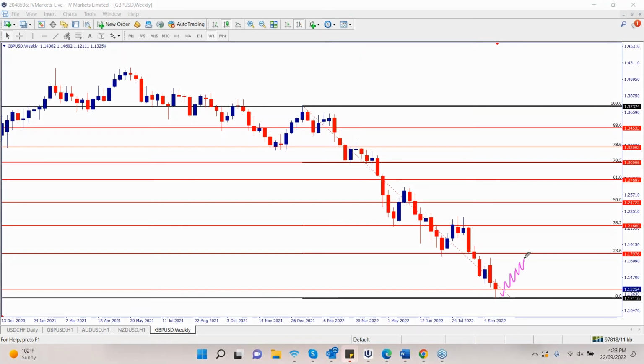Okay. If we have two candles closed below this 23.6% Fibonacci level with the bearish rejection, because the market is bearish, then there is a very high probability the market is going bearish again.